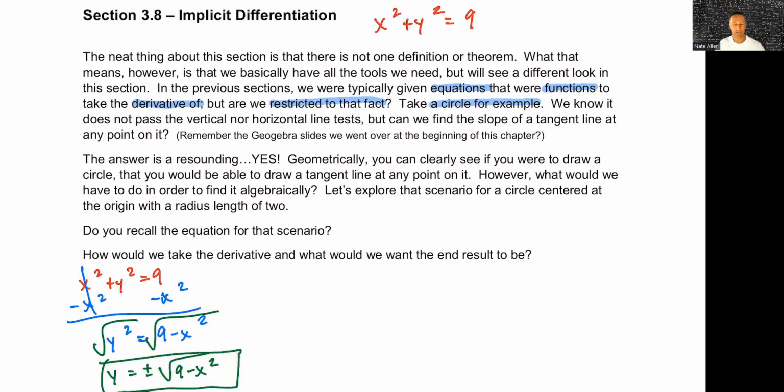Ugh. We can do it, but I don't want to have to do that because I've done all this work and I've done nothing that they asked for yet, which was take the derivative. And of course, this is just a simple circle. What's going to happen when we get more involved, more complex equations or functions? It's not going to be fun.